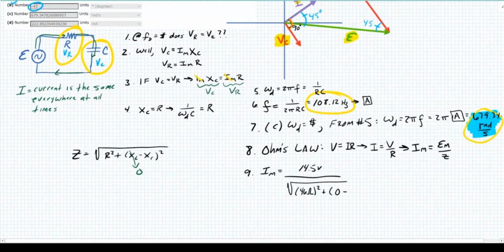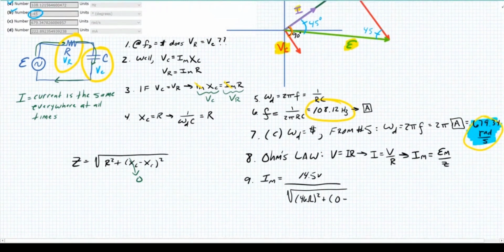XC, did I calculate that? Here's X sub C, which is 1 over omega D times C, all of that squared.